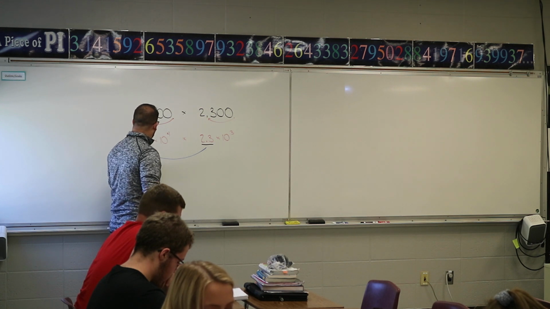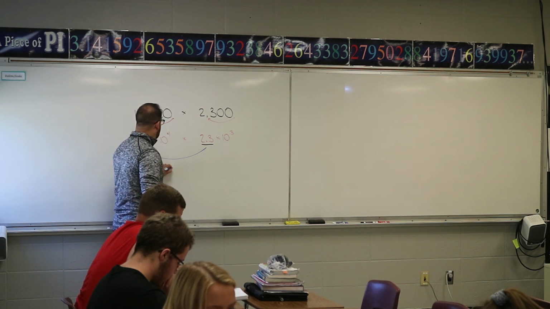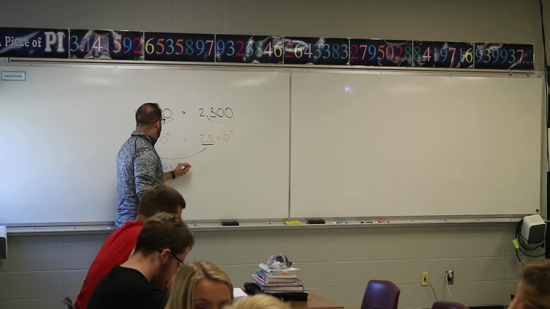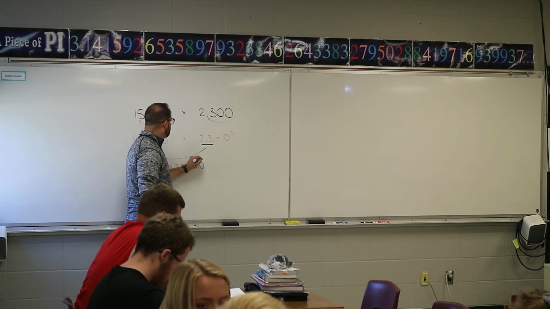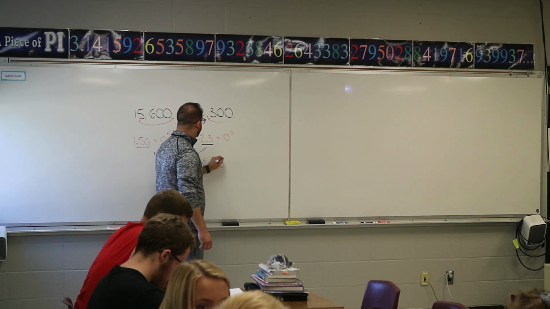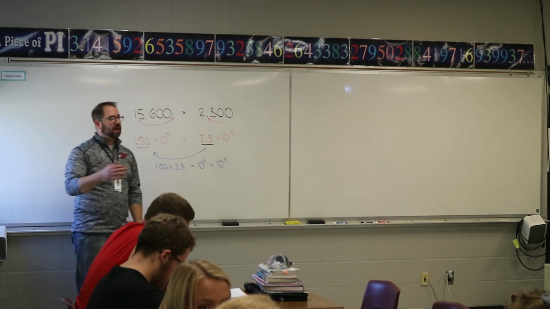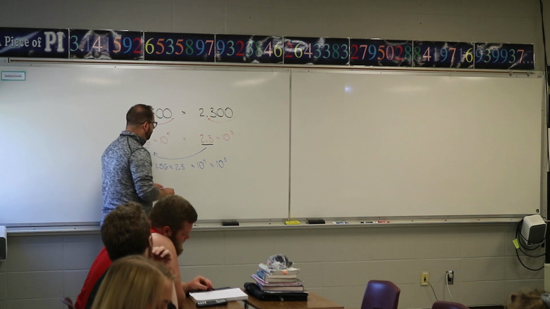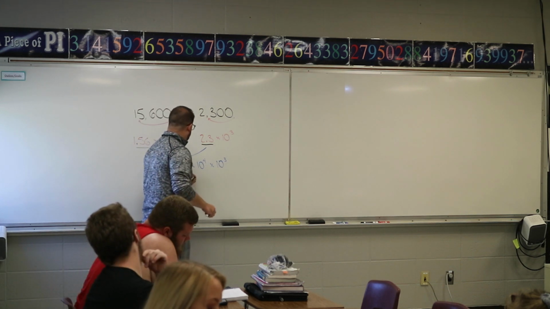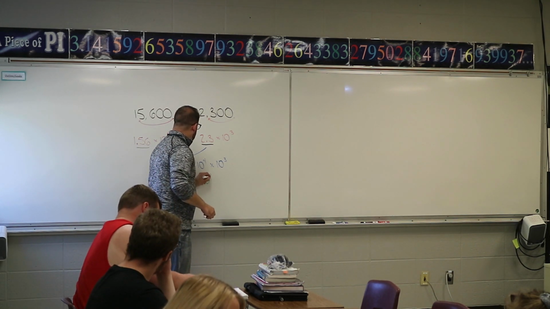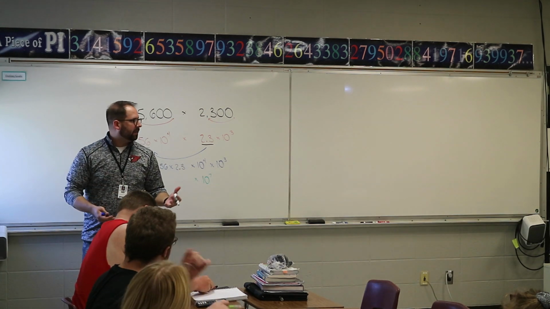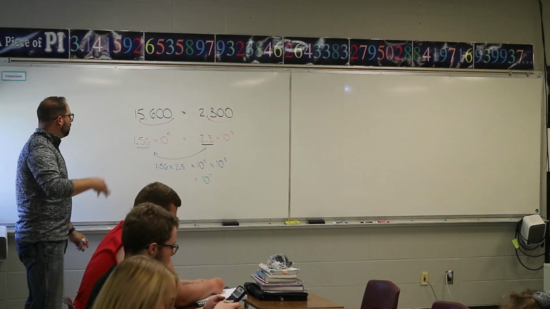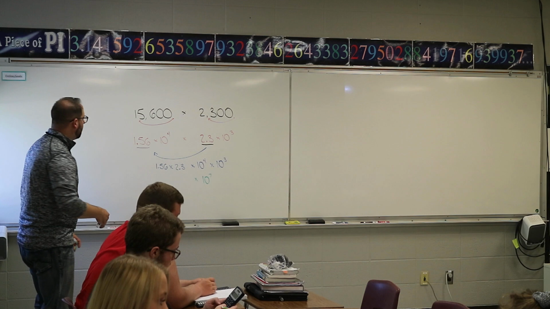So you take 1.56 times 2.3, and then in the back, we just put the 10 to the 4th and 10 to the 3rd. That finishes out the scientific notation numbers. So in the back, technically, I have 10 to the 7th, right, because there's 7 10s back there. But in the front, I'm taking 1.56 times 2.3.